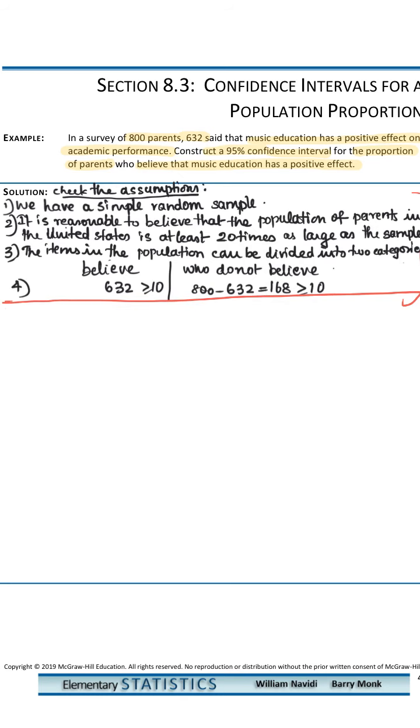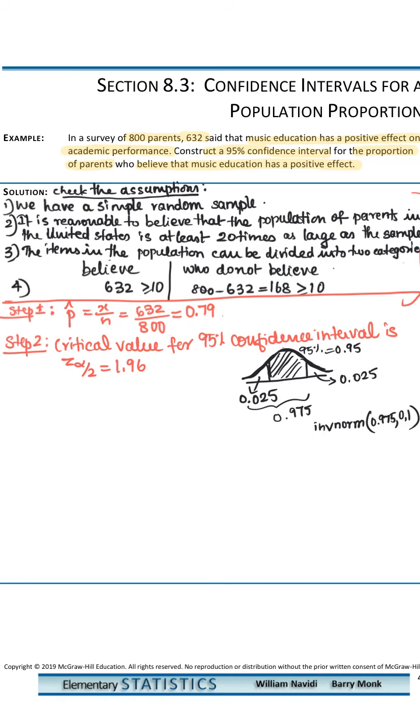First, compute the point estimate P cap. Find the critical value for a 95% confidence interval. Find the margin of error.